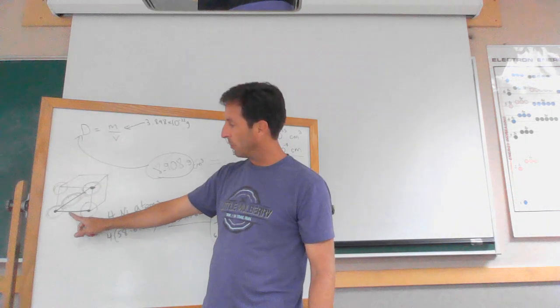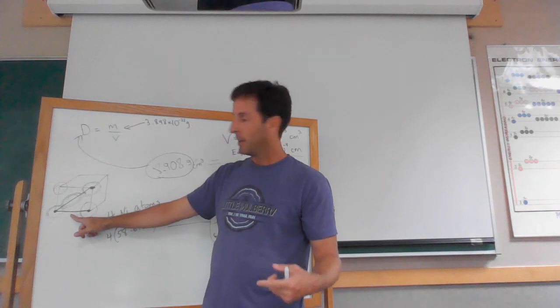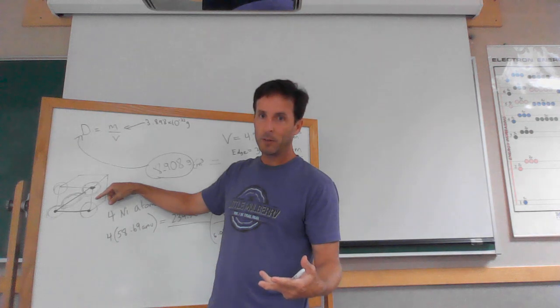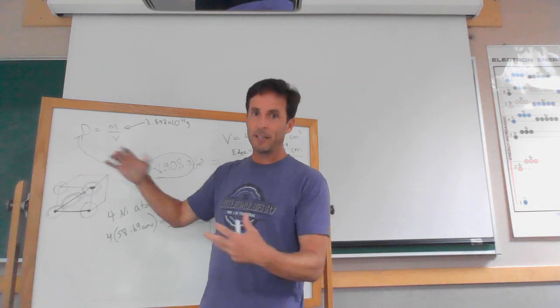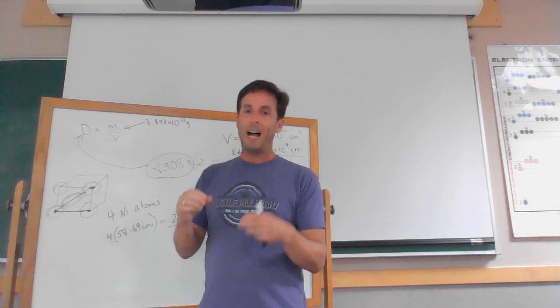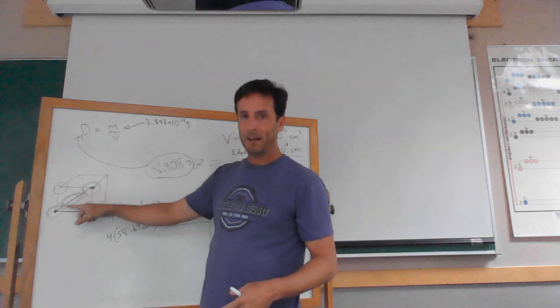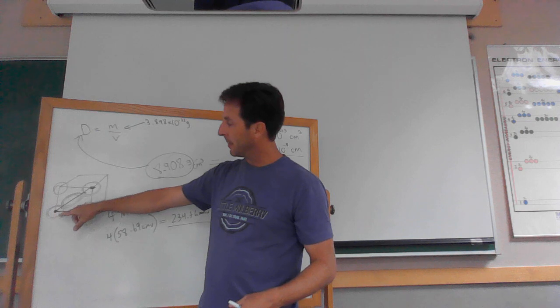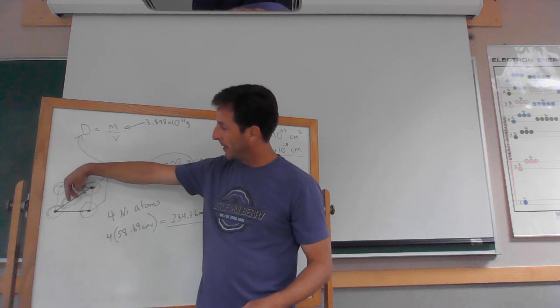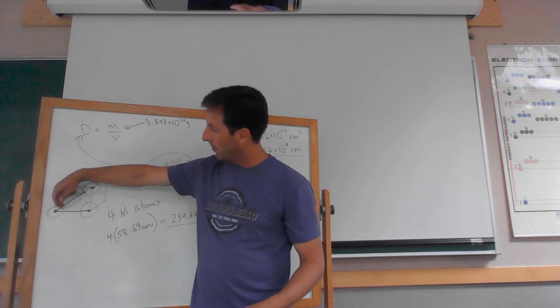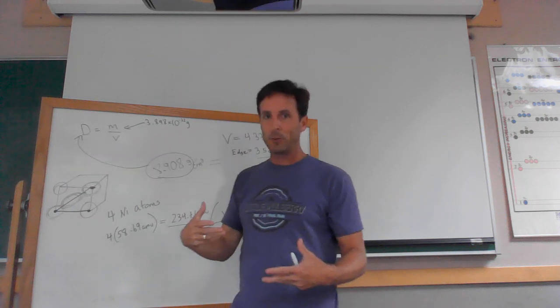So a squared would be the edge length squared plus another edge length squared, which is the same value. That'll give me c squared, and then take the square root. That value would be 4 radii, because it's 1 radius here, the diameter is 2 radii, plus the 1 right here. So that's a total of 4 radii of the atoms that have to pass through.